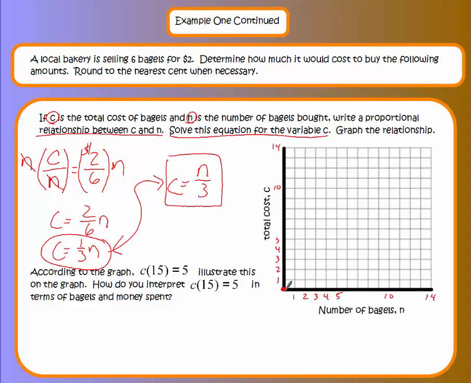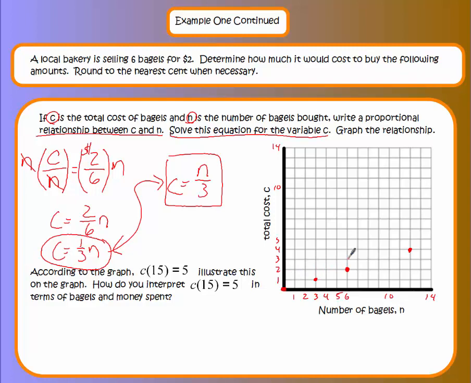All right, now let's take a look. Let's do the things that we know. We knew that 6 bagels right here is going to cost $2. We also knew that 12, because we figured this out earlier, was going to cost $4. Is there anything in between? Maybe. Right now this is already starting to form a line. But the easy way to have done this is to start at some point we know, like 0, 0, and go by the slope. So up 1, rise 1, run 3. 1, 2, 3, put a point. Again, rise 1, run 3.